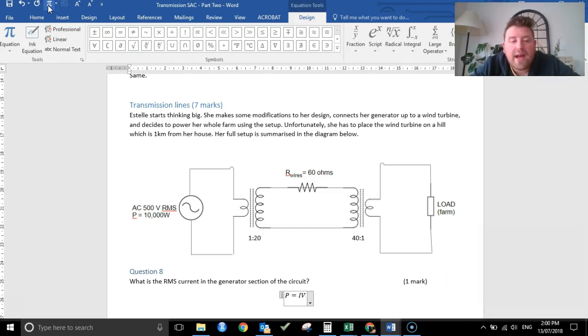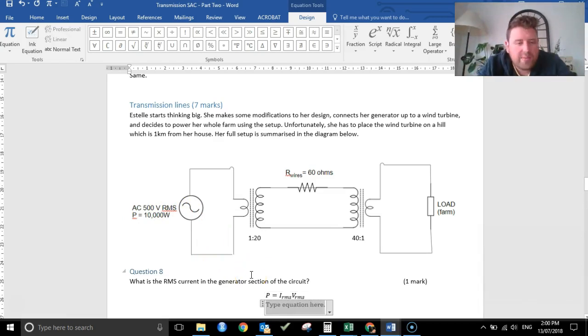In this formula, the relevant currents and voltages for power are the RMS currents and voltages, which in almost all cases are what will be provided to us. If it says 500 volts peak, then we do a conversion, but for the most part you're going to be given RMS values.